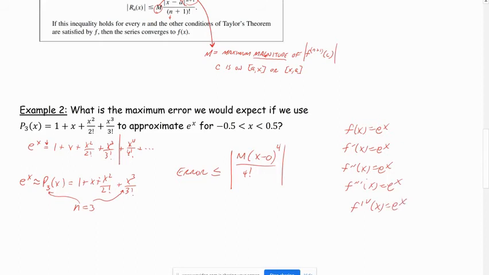So that's what we need, is the 4th derivative. So we want to find out what is the maximum value of e to the c, where c is in between, it says x is between negative 0.5 and positive 0.5, and a is 0. So c basically can be anything in between negative 0.5 and positive 0.5.